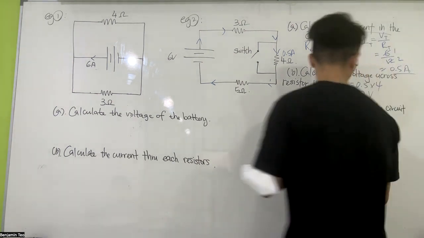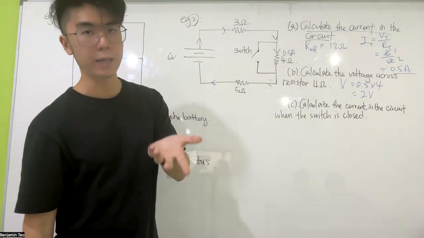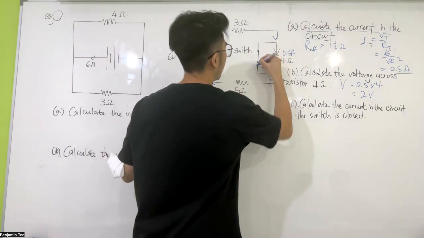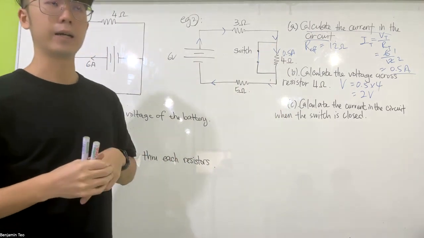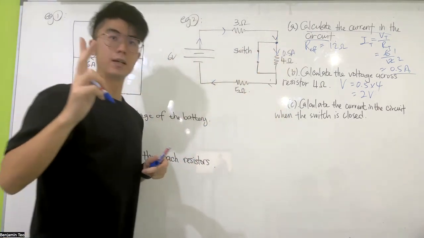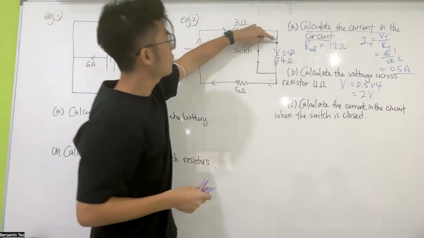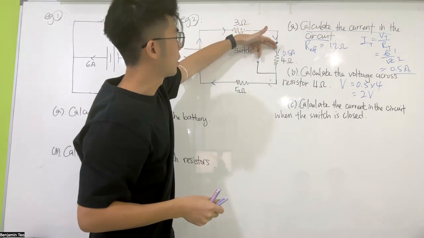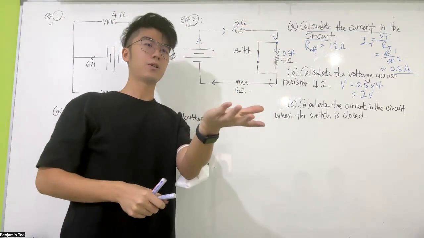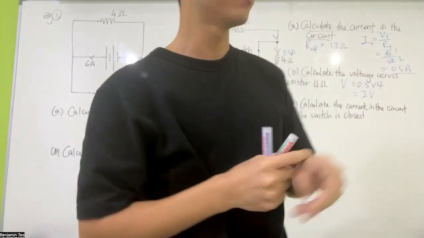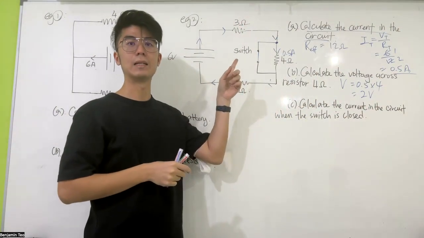Okay, see it? Calculate the current in the circuit when the switch is closed. How does it affect the circuit? If I close this switch, the current reaches here and has 2 choices. It can choose the path with no resistance, or the path with resistance. Which one do you think you choose? As a driver, you always want to take a shortcut, right? So you will choose the path with the least resistance.